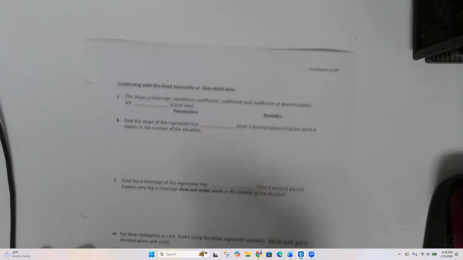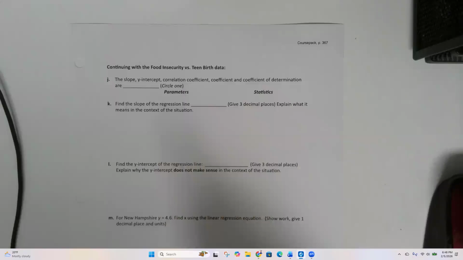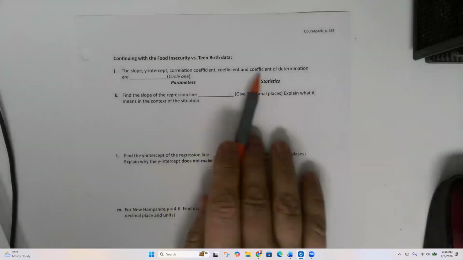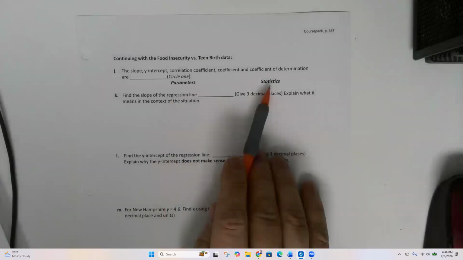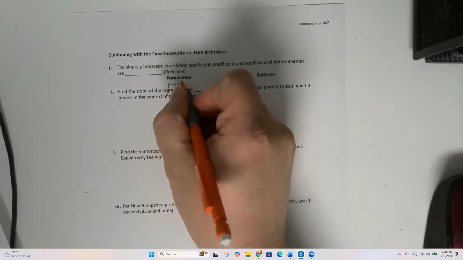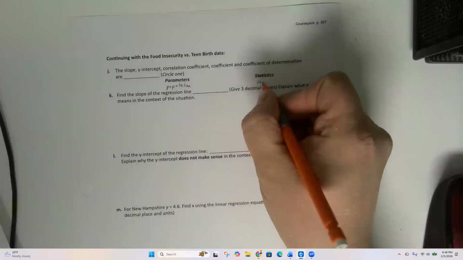All right, so we're going to keep talking about this, so I'm not going to set that aside. Page 367, we're still talking about food insecurity versus teen birth rate data, okay? The slope, the y-intercept, the correlation coefficient, all these different things are parameters or statistics. That depends on whether you have a population or whether you have a sample.